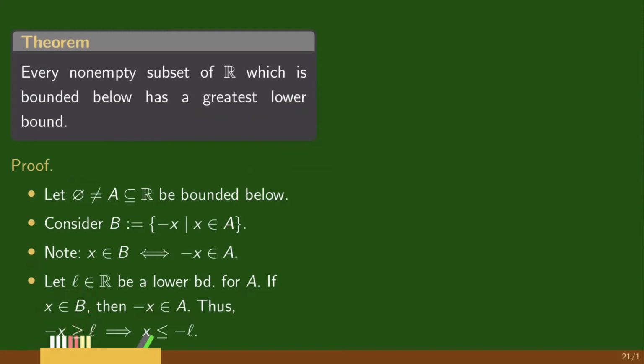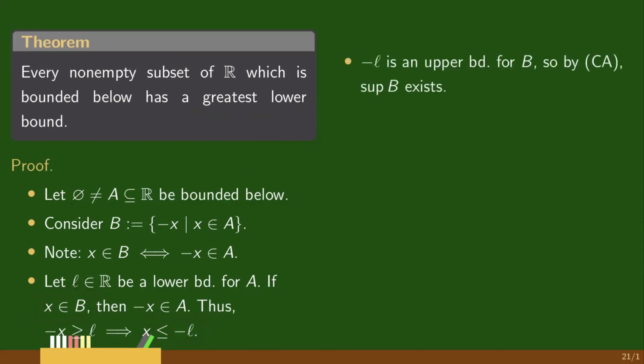But you know very well property ng inequality, pag nag-negative ka on both sides, bumabaligtad yung inequality. So yung X mo less than or equal to minus L. Nasaan ba si X? Nasa B. Kapag si X nasa B, si X less than or equal to minus L. Anong ibig sabihin nun? Ang ibig sabihin niyan, dinodominate ni minus L lahat ng mga elements ng B. So what do you call minus L?